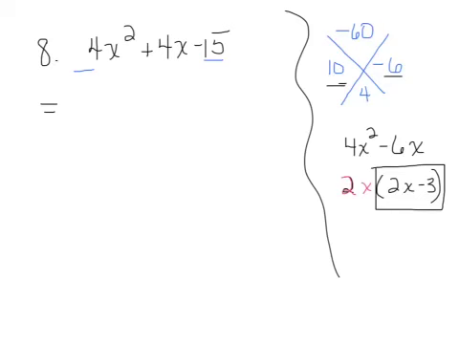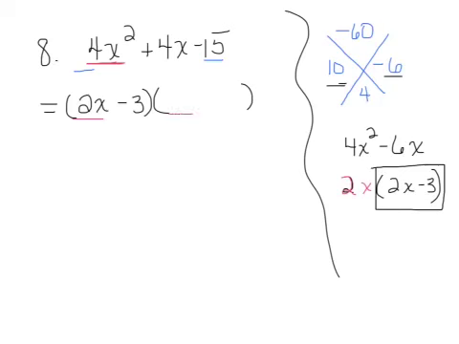So I know that one of my factors is 2x minus 3, then I can figure out what the next one has to be. So I'm trying to get in my first term, when I multiply 2x times the first here, I need to get a 4x squared.